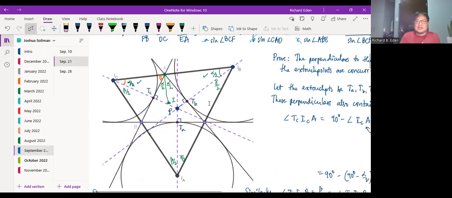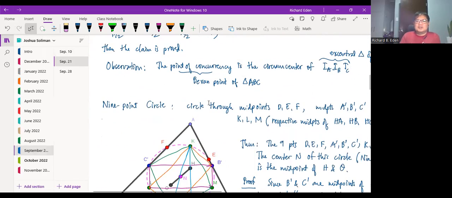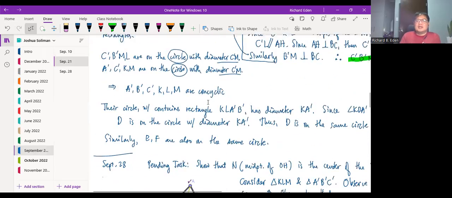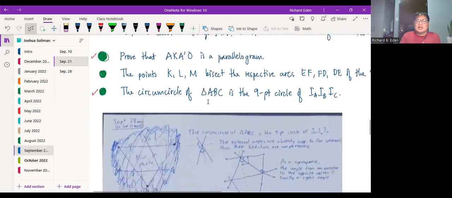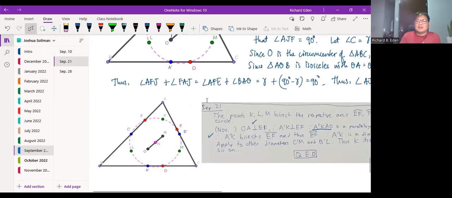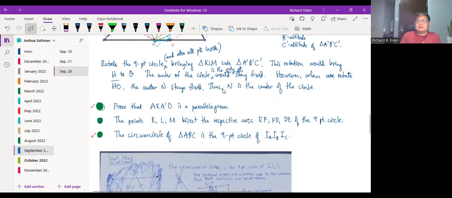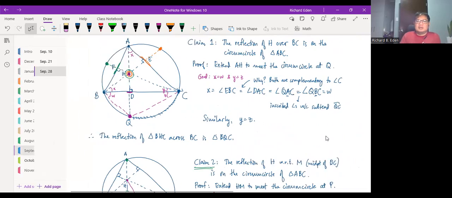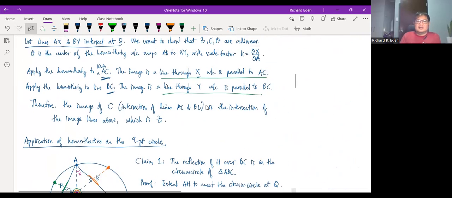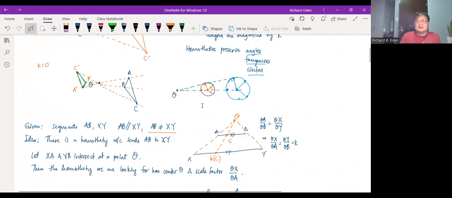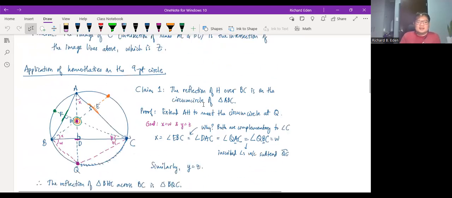It just occurred to me now. Well, 9-point circle. Wait, so September 21. This is the first time we talked about it. So maybe in September 28, that was when I was able to highlight the fact that it's the result of a homotity.